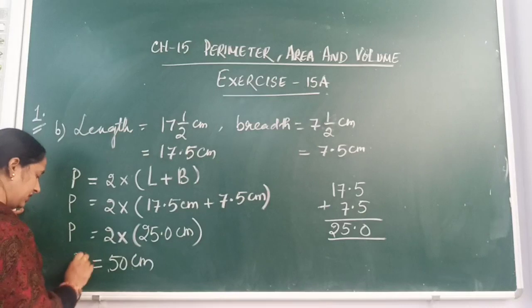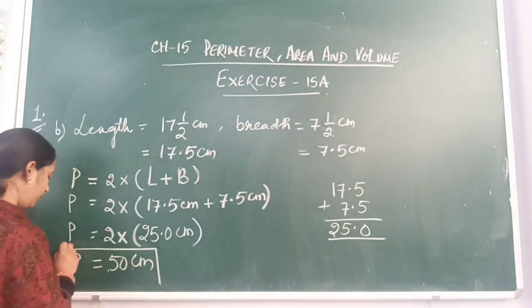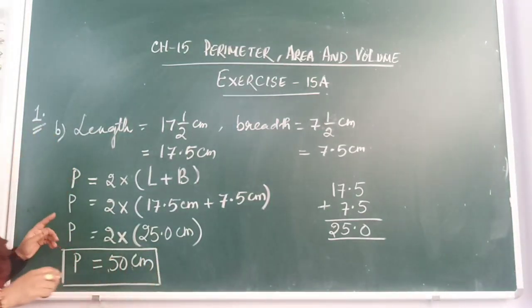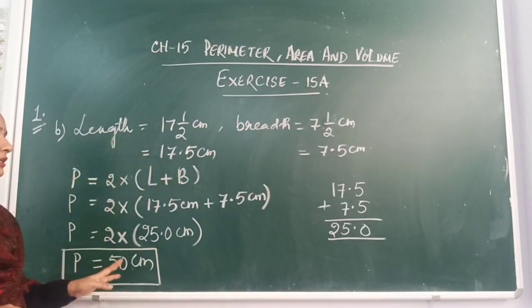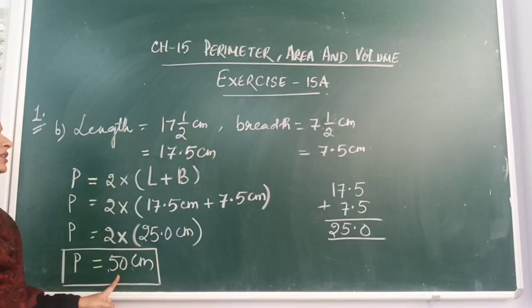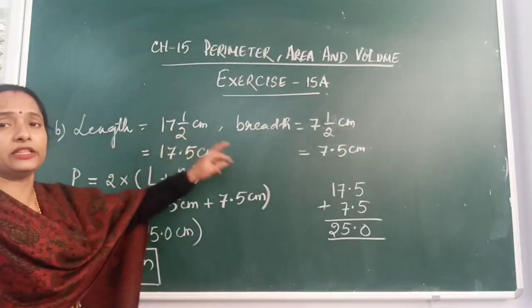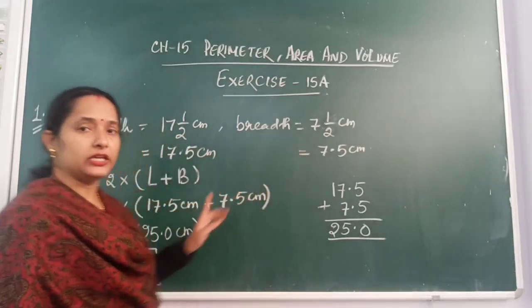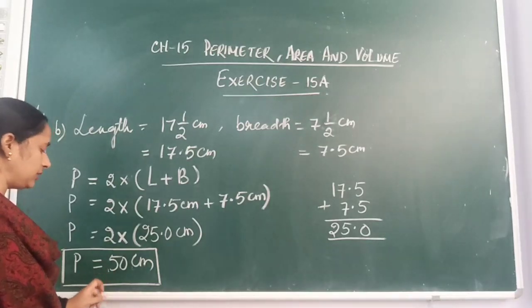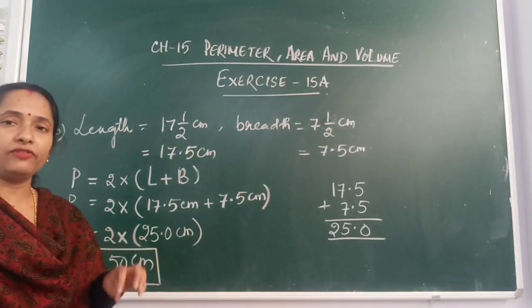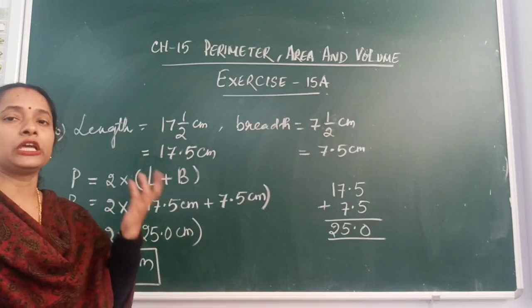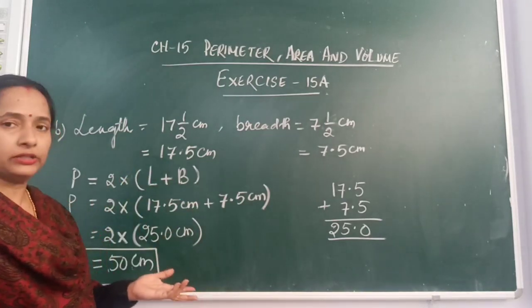So children, the perimeter of a rectangle with length 17.5 centimeter and breadth 7.5 centimeter is equal to 50 centimeter. Understood? In the same way, you have to put the given values in the formula. Okay.